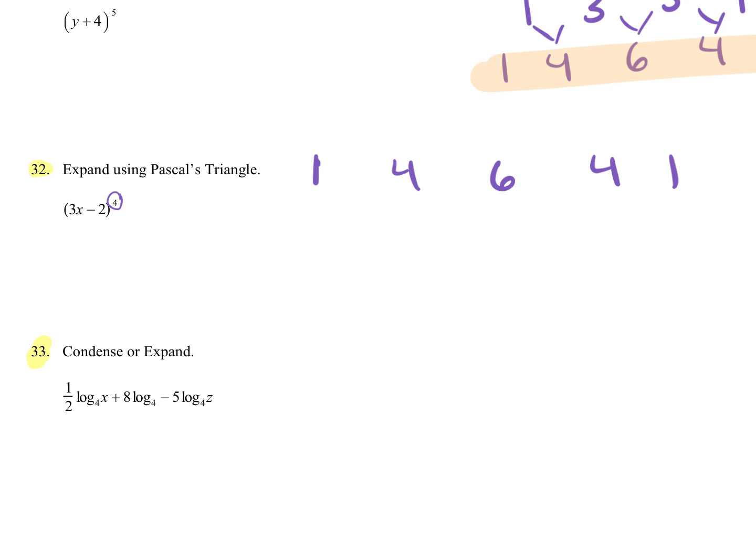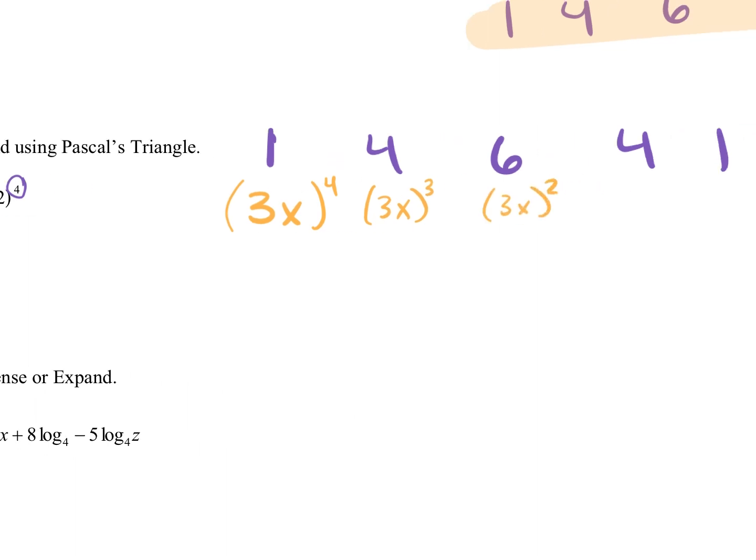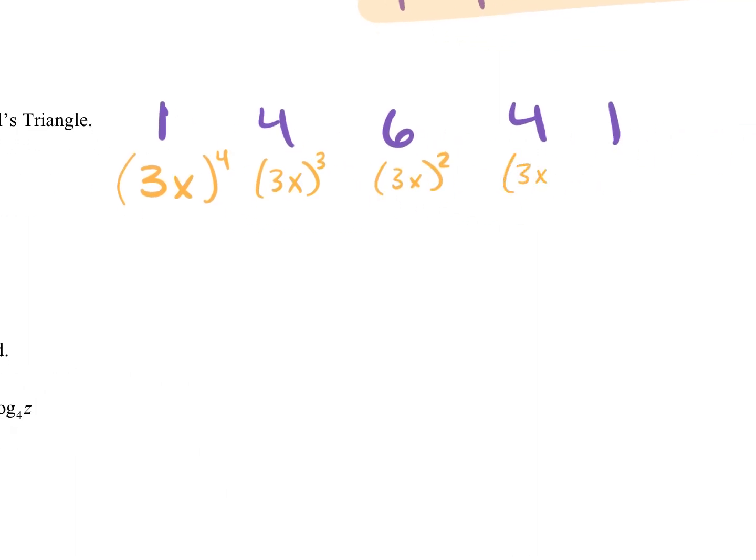Then in the next row, we have 3x. Be careful here. It's 3x to the 4th power. The 3 is also being raised to the 4th power. This is one of the most common mistakes that people made on the last test. Then we have 3x to the 3rd power, 3x to the 2nd power, 3x to the 1st power, and 3x to the power 0.